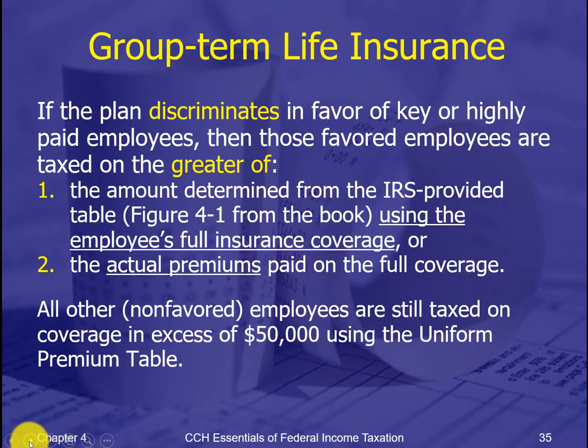So if you discriminate and provide more for your higher paid employees, then you either use the employee's full insurance coverage or the actual premiums. So even the $50,000 becomes taxable to the favored employees. Non-favored stays with just the excess.